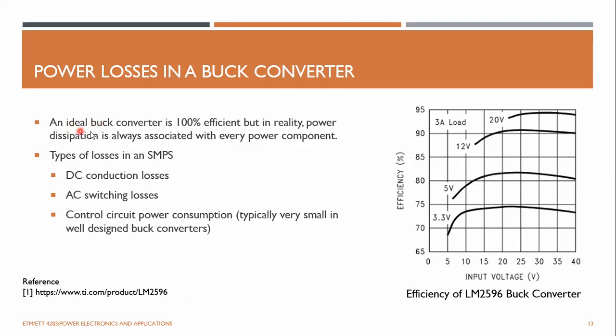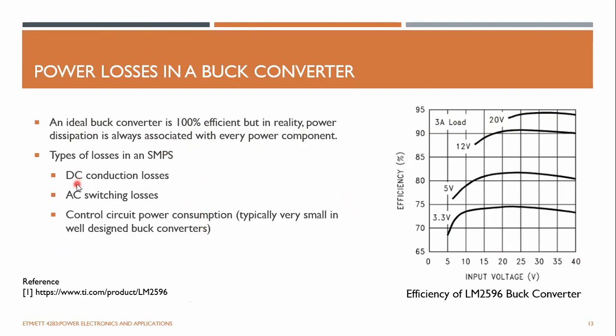In an ideal buck converter, you can achieve 100% efficiency, but in reality, due to the losses of the components, the efficiency is always below 100%. So that is what you are seeing from here. The types of losses associated with switch mode power supplies are common for all switch mode power supplies, not only for this buck converter.